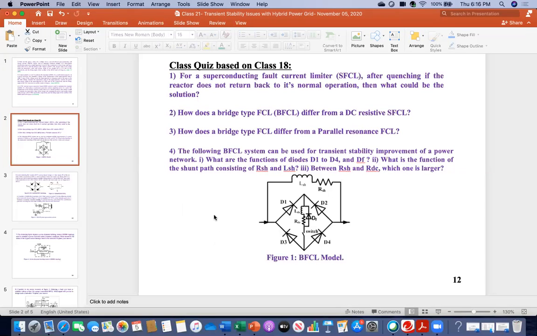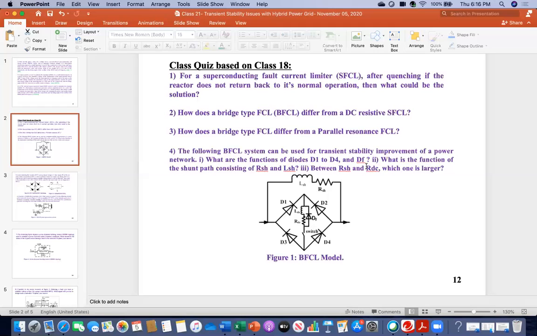So which 2 diodes are working during the positive peak and which 2 are working during the negative peak? So D1, D4 for the positive cycle, and D2, D3 for the negative cycle. Right. So everybody, did you write the same thing? Yes, Dr. Ali. Okay, great.